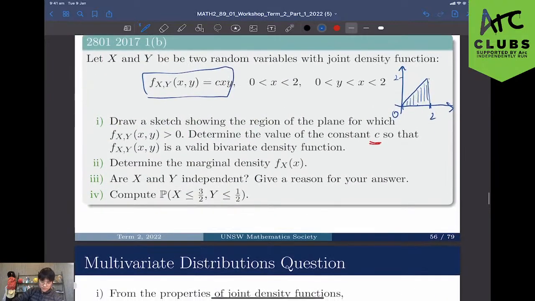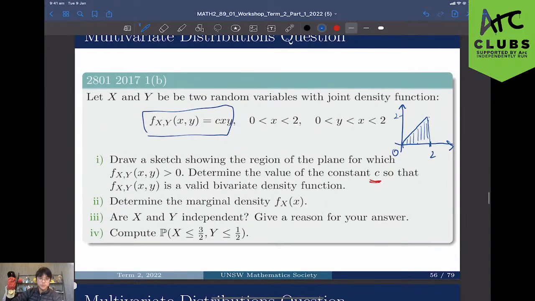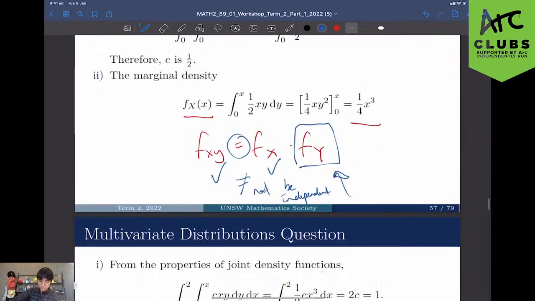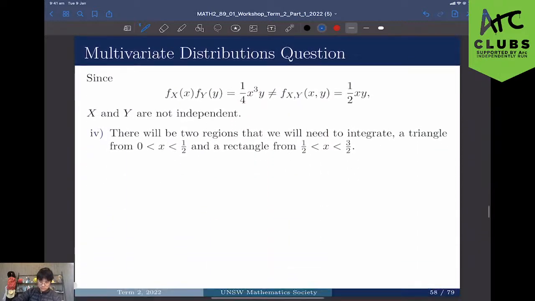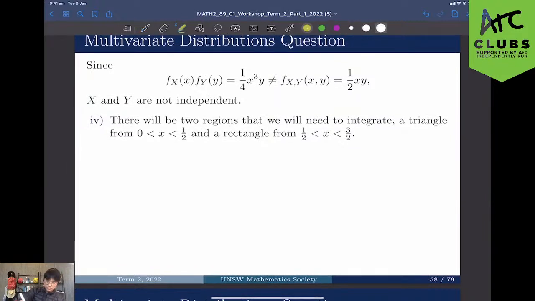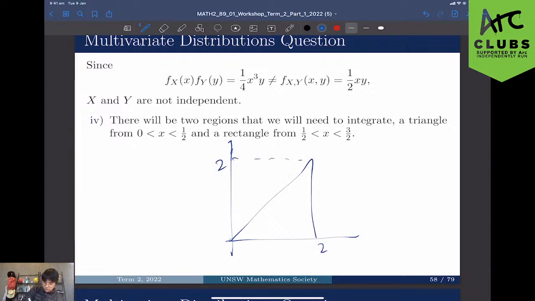So next, they want us to calculate the probability that x is less than or equal to 3 on 2, and y is less than or equal to half. So where is half for y?